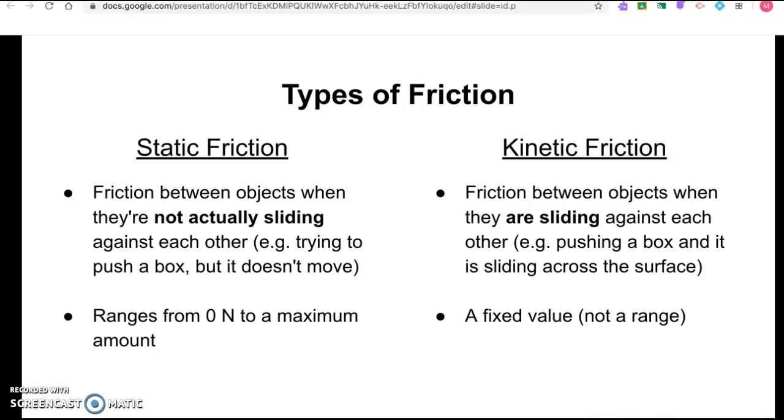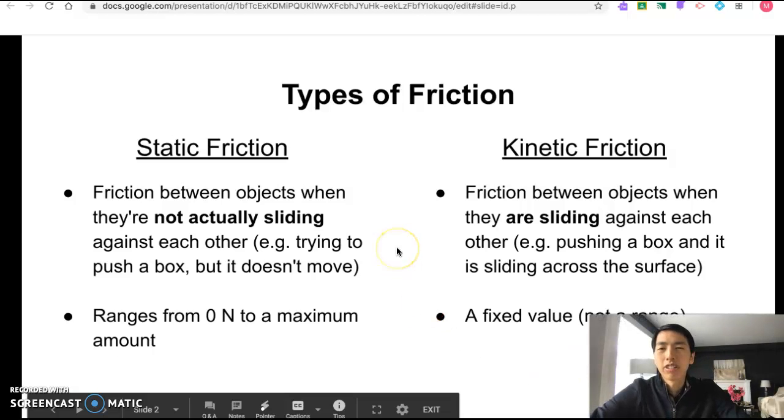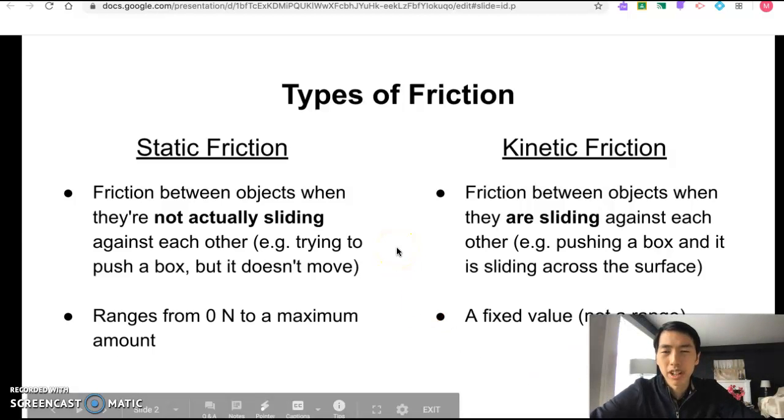It's going to be the same number, no matter how hard I push, as long as it's moving. So that's a big difference between static and kinetic friction. Static friction just matches whatever force it needs to be to keep it at rest. But once it's overcome static friction, it turns into kinetic, and the value is going to stay at the same value until it stops sliding. All right, so those are two types of friction.